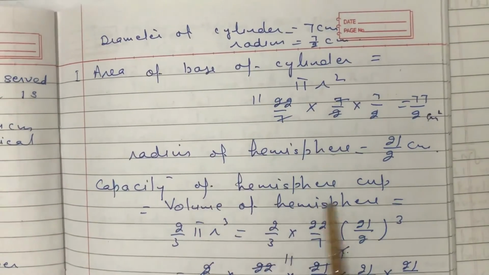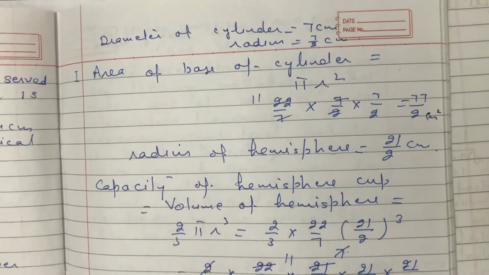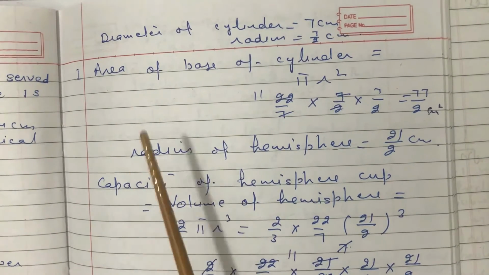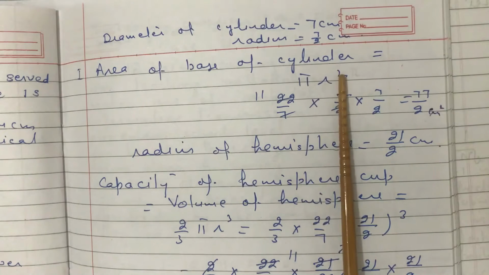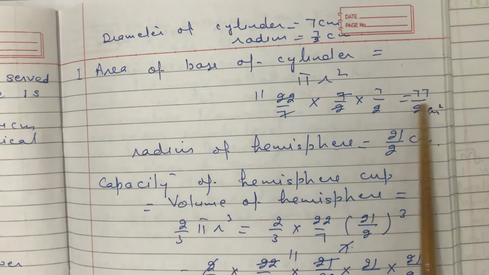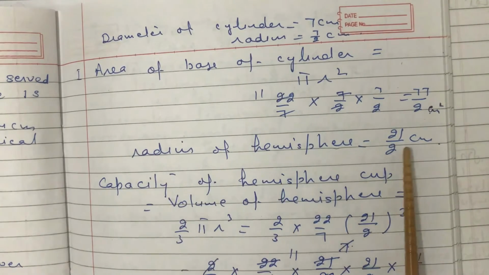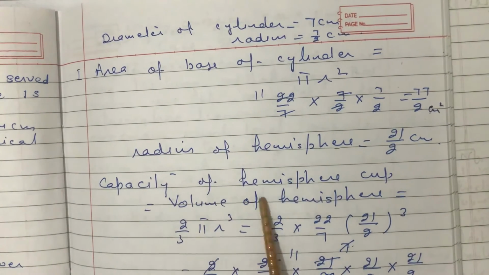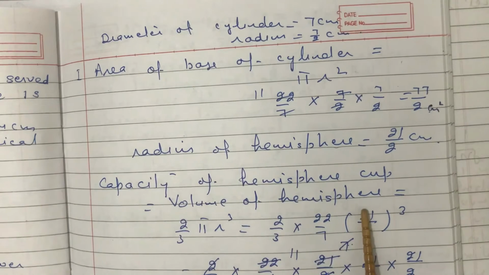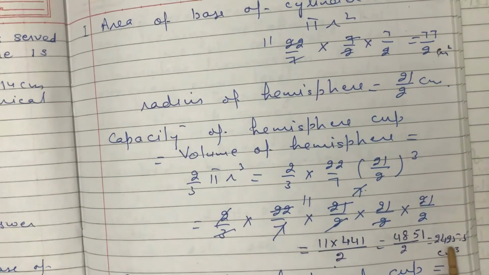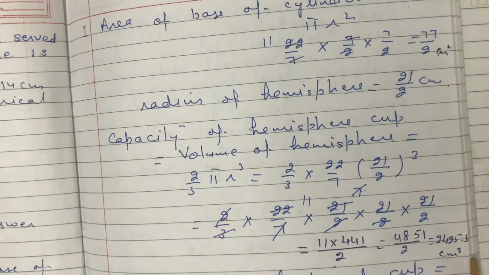Here on this page, I have answered all the questions. So you can pause my video and you can check the answers. First I have found the area of the base of the cylinder, which is 77 upon 2 centimeter square. Radius of the hemisphere is 21 by 2 centimeter. Then capacity of the hemisphere cup, that is volume of a hemisphere, will come out to be 2425.5 centimeter cube.